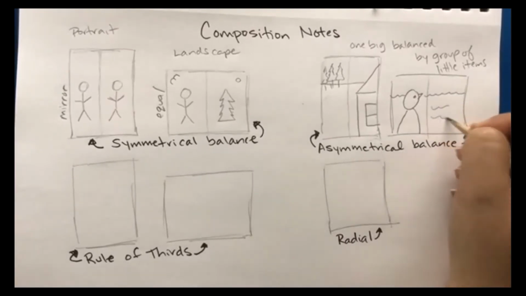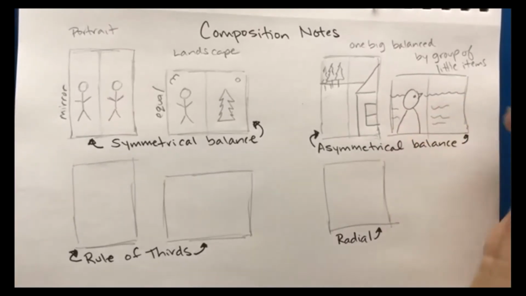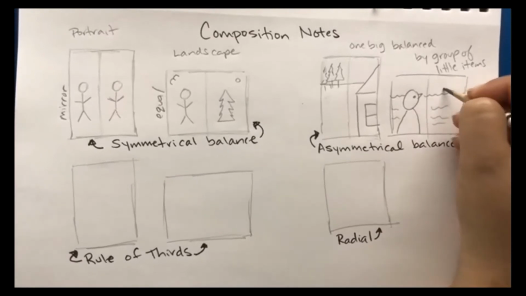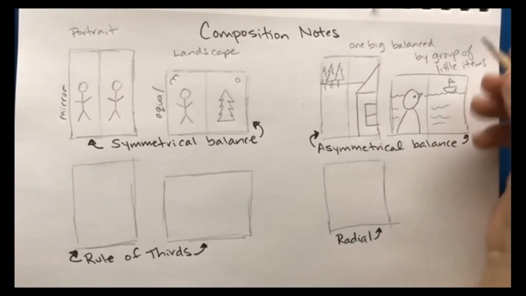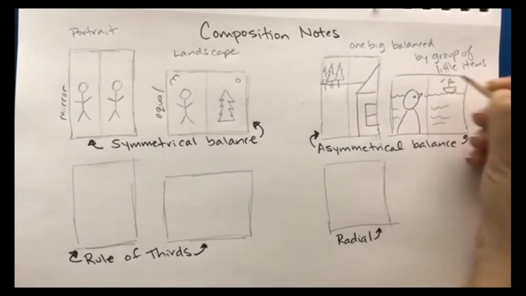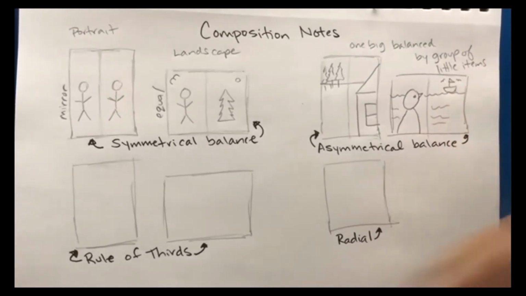So maybe we have water here, and over here, it's balanced by one tiny little boat. Maybe there's some little birds around it. So I'm gonna draw those little M-shaped birds.